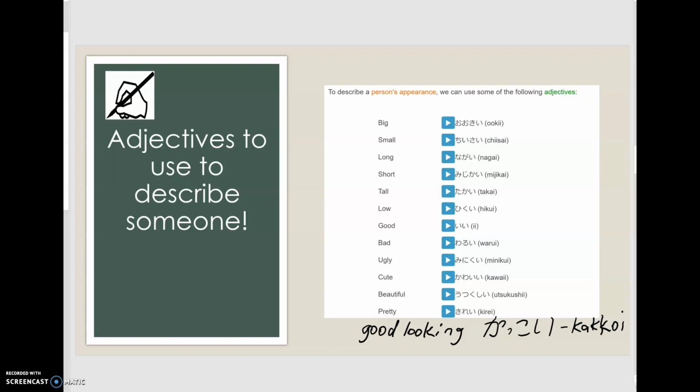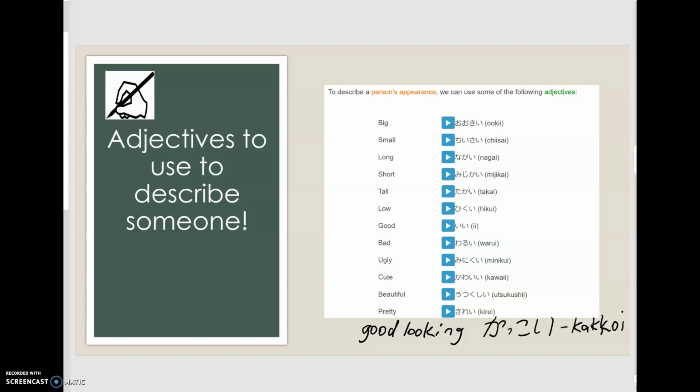Okay, tall. But when we talk about somebody being tall, we use se for height, ga takai, se ga takai. So their height is tall. Or se ga hikui, their height is low. We don't use long or short to talk about somebody's height.